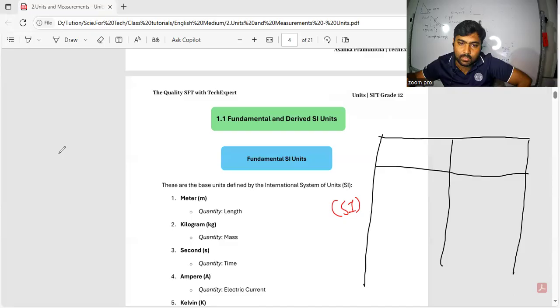There are base units defined by the International System of Units. Finished?